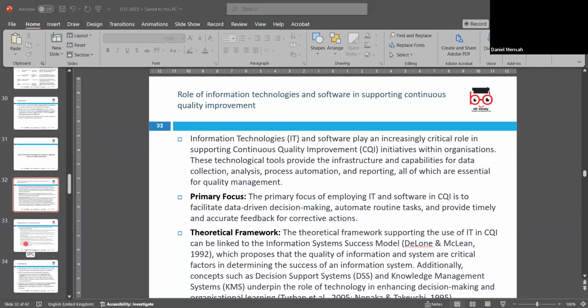If we are using information technology and software, they help organizations make informed decisions because they collect and analyze data, and they provide insight that drives quality improvements. So based on that data, they can do the analysis, they can do the comparisons, and they are in a better position to bring improvement in their processes.